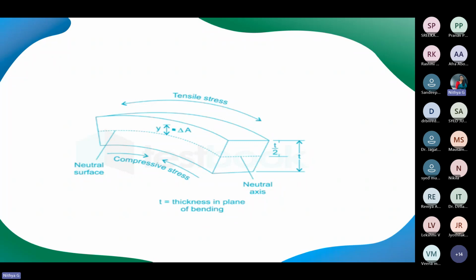Stress will be zero at this region, and this region is called the neutral axis. Understanding this concept is very important when we enter into the design part of the MEMS cantilever beam. It is also called the neutral surface. So the neutral surface is usually at thickness by 2, that is the middle portion of your cantilever beam.